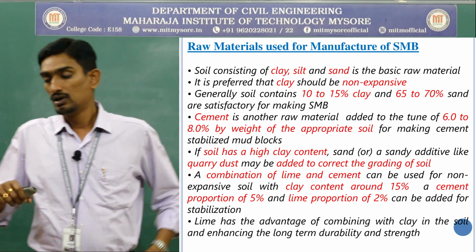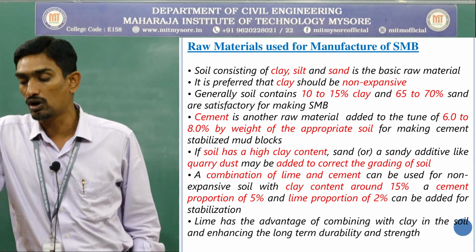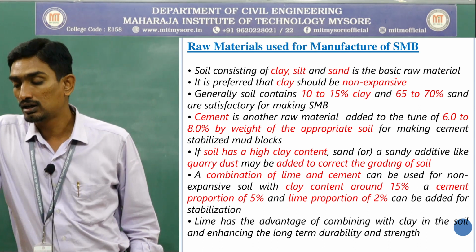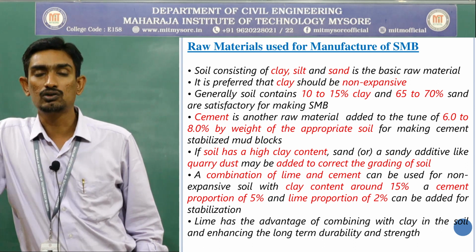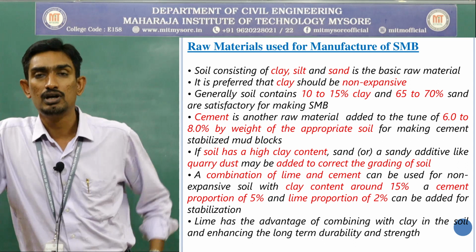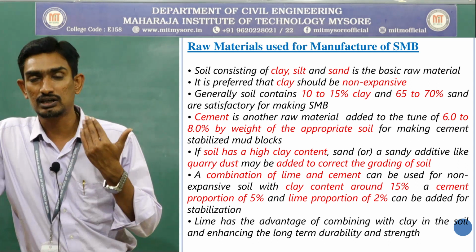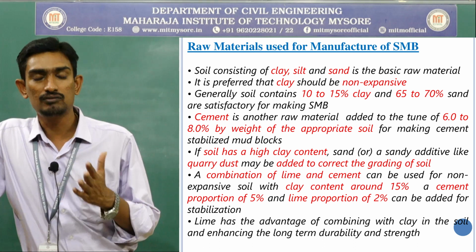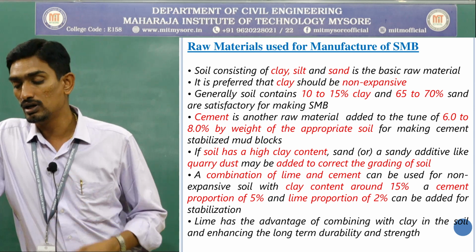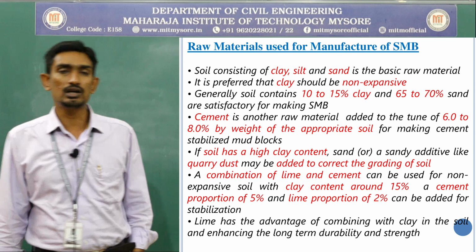Next, a combination of lime and cement can be used for non-expansive soil. Clay content around 15% and cement around 5%. That is the optimization of SMB. That means use 15% clay, 5% cement, 2% lime and the remaining sand. Then we can go ahead with a good SMB block. Why are we using lime?